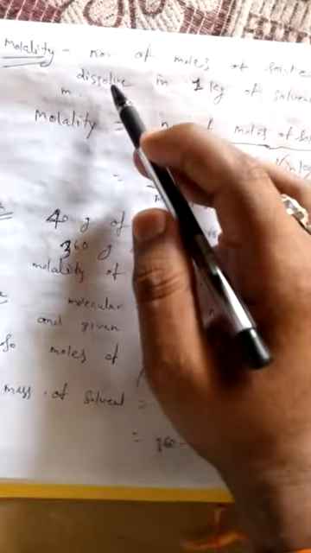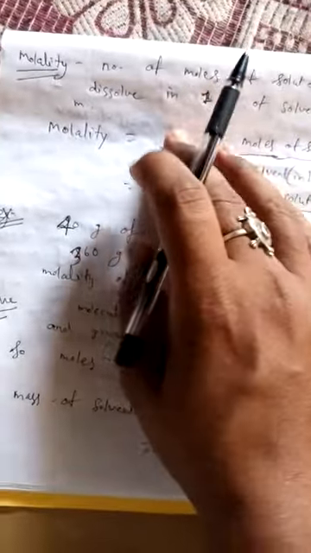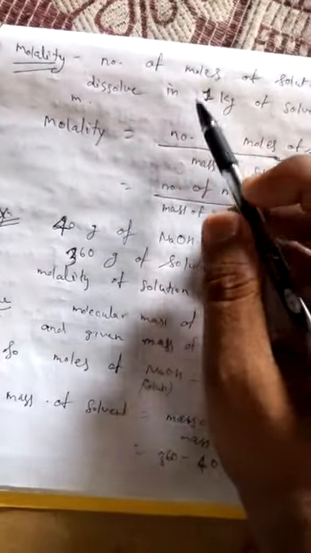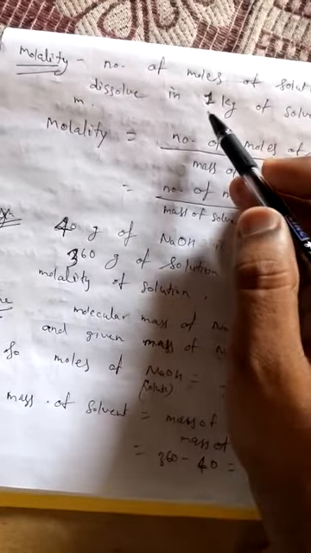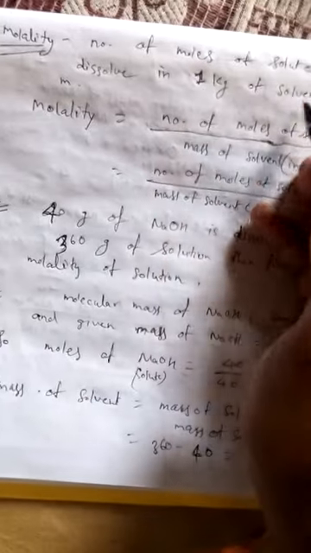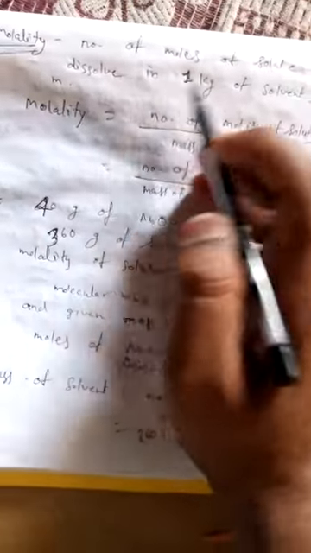Number of moles of solute is same in both cases. Only change: in molarity we talk about 1 liter of solution, and in molality we talk about 1 kg of solvent.